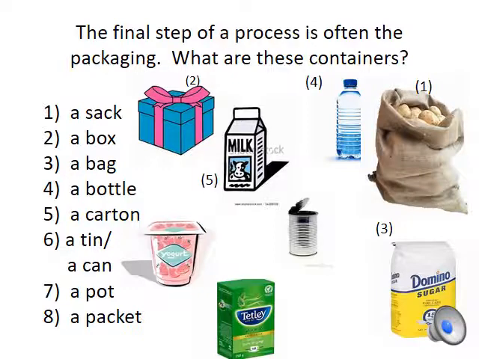A carton of milk. Number 6, a tin or a can made of metal. Number 7, a pot, a plastic pot. Number 8, a packet, often made of cardboard. Good.